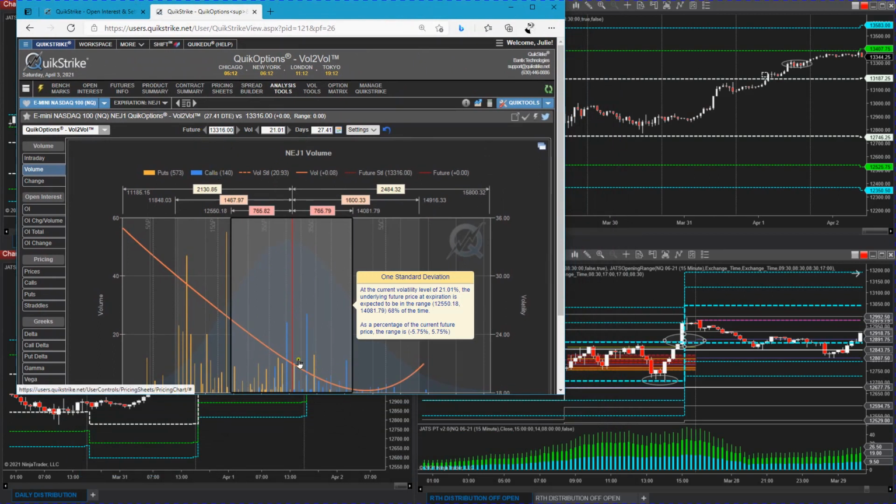Well, what happened, let me tell you, is it got to the edge of the first standard deviation on the implied volatility for the monthly contract, and it turned around to go back to the mean.